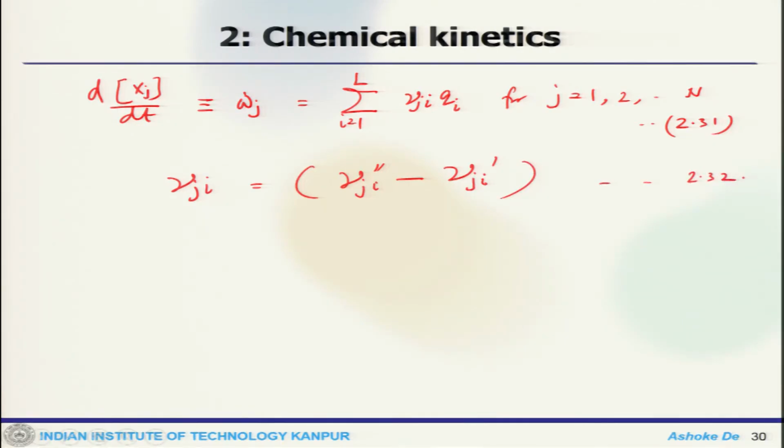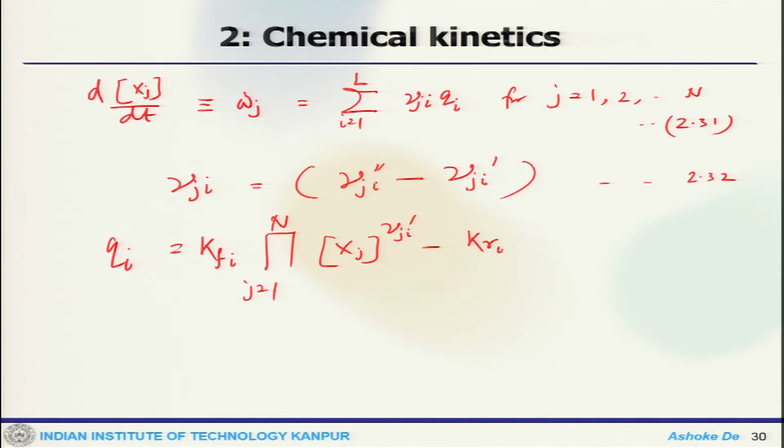That is how you put them together, and q I is your forward reaction rate, k f I product over j equals 1 to n of x j to the power nu j prime, minus k r I product over j equals 1 to n of x j to the power nu j double prime. Essentially, we are showing this through a different example, like the production rate.